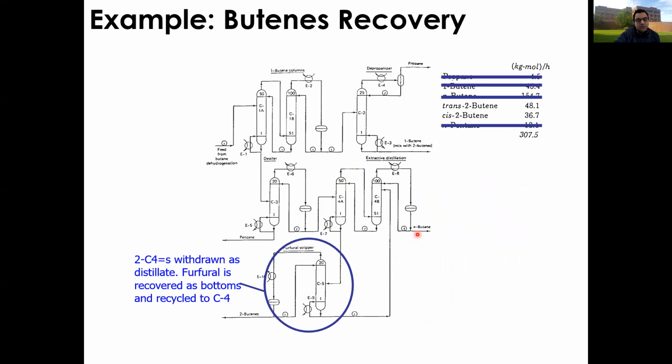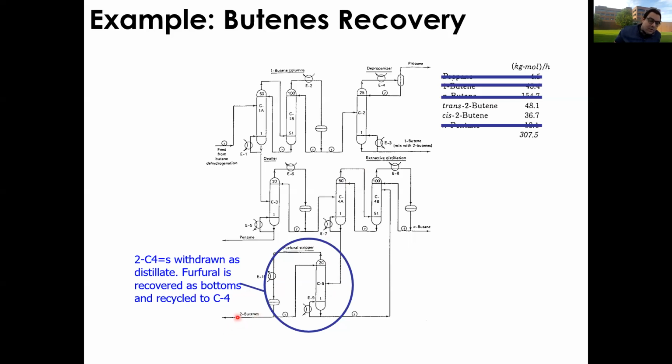Butane is done. And now my bottom streams, my two butenes, I'm just going to regenerate them from the furfural. So the furfural is just a solvent looping between these two units, and then I have my butenes here, and I get my two butenes from the bottom, so I'm able to separate them.